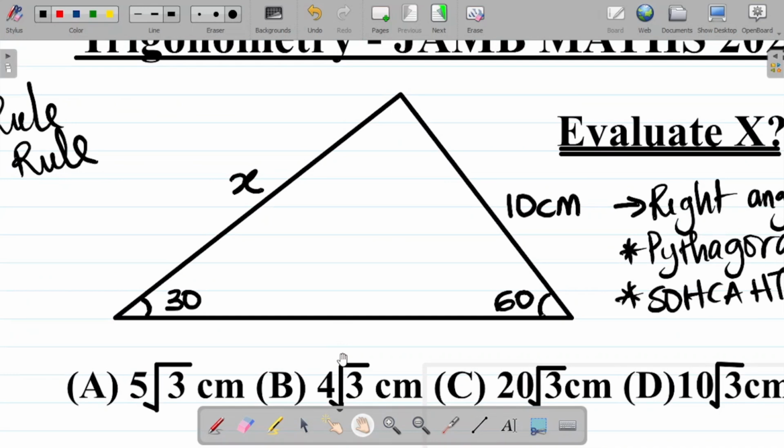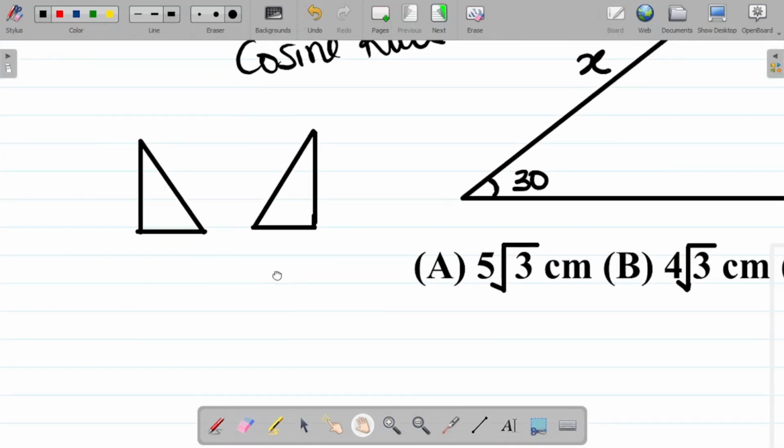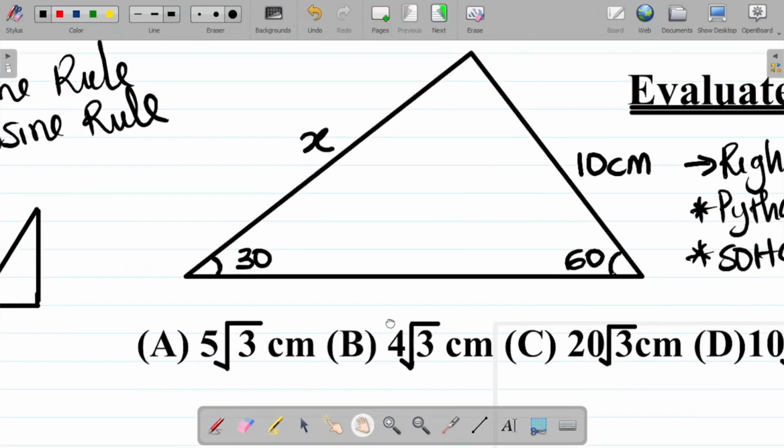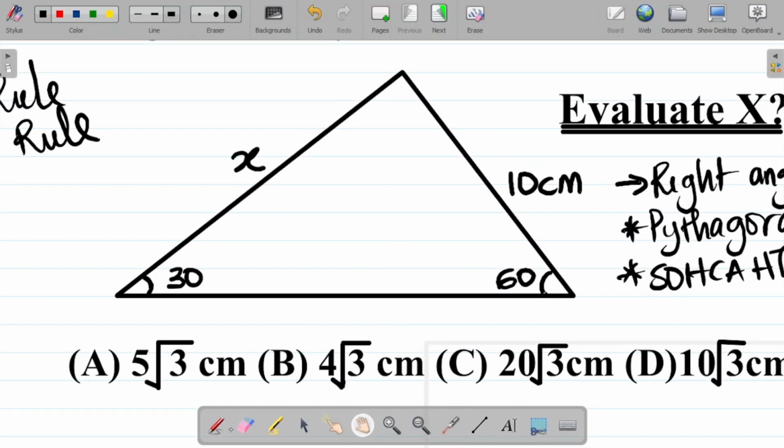And we know that a triangle has three angles, and for any triangle, the sum of the angles is equal to 180 degrees.